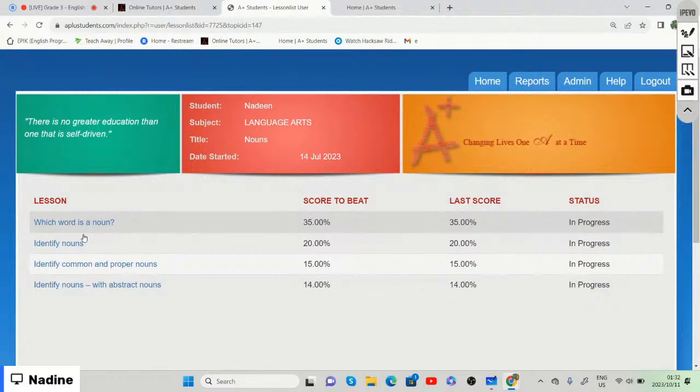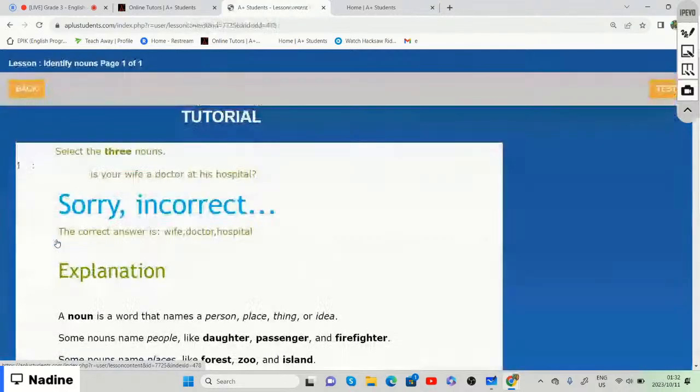And remember, if you want to try and identify what a noun is, you need to remind yourself that a noun names a person, names a place, names a thing, names an idea, right? All right, so now we're going to identify nouns.